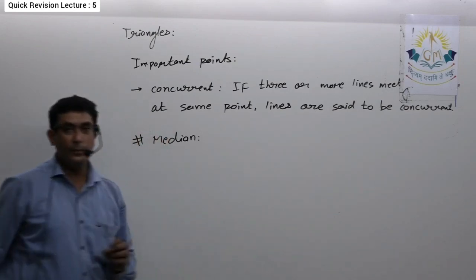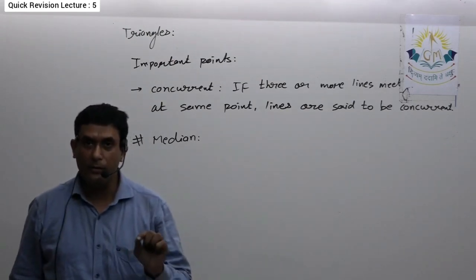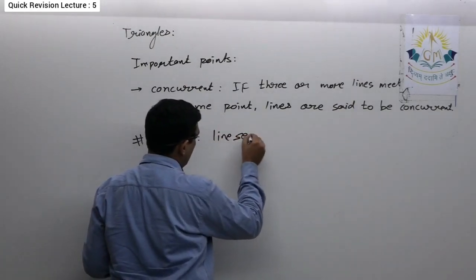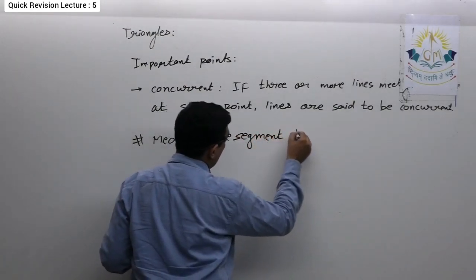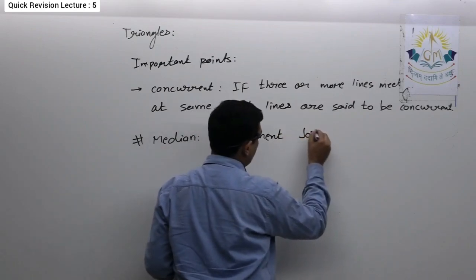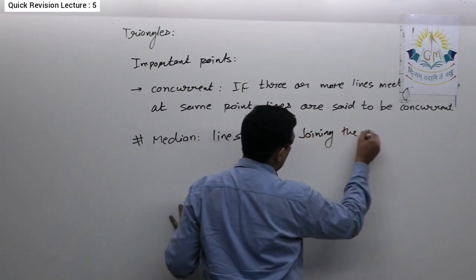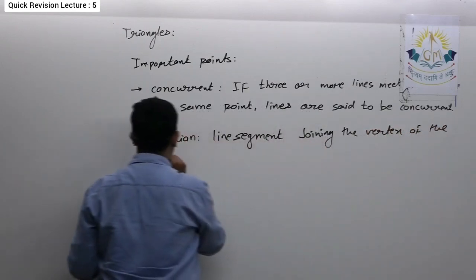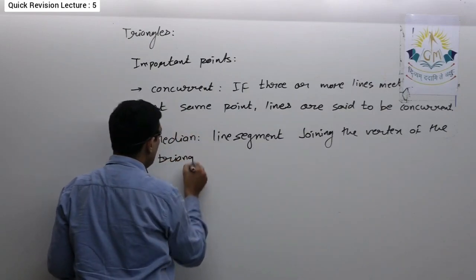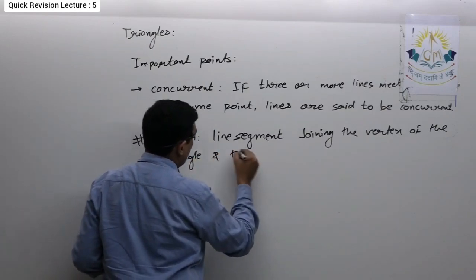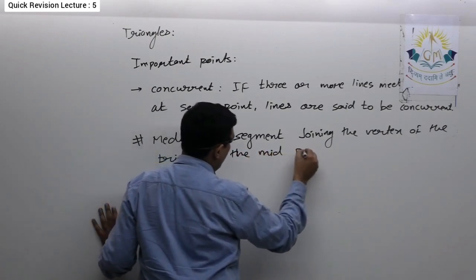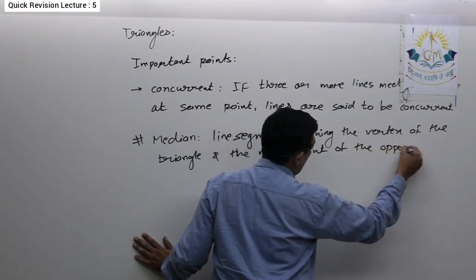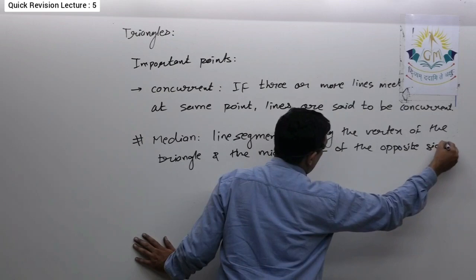Median is a line segment joining the vertex of the triangle and the midpoint of the opposite side.